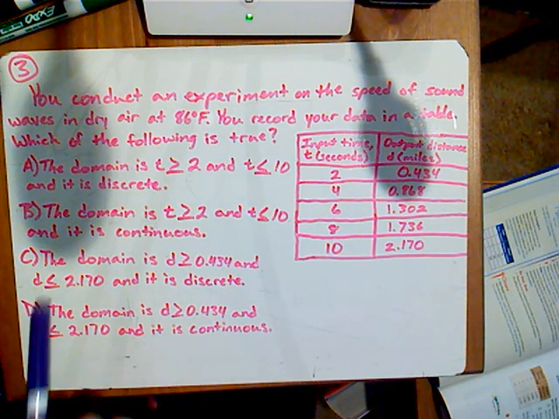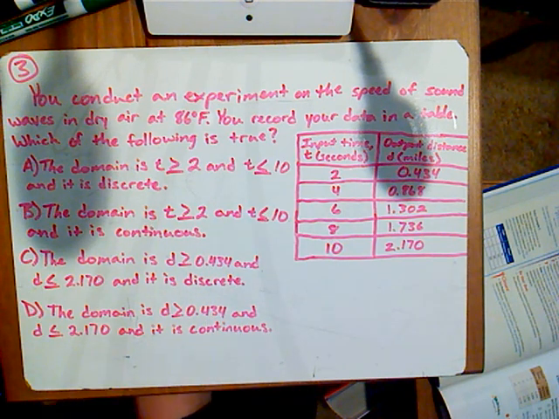C, the domain is d is greater than or equal to 0.434, and d is less than or equal to 2.170, and it is discrete. Or letter D, where the domain is d is greater than or equal to 0.434, and d is less than or equal to 2.170, and it is continuous.